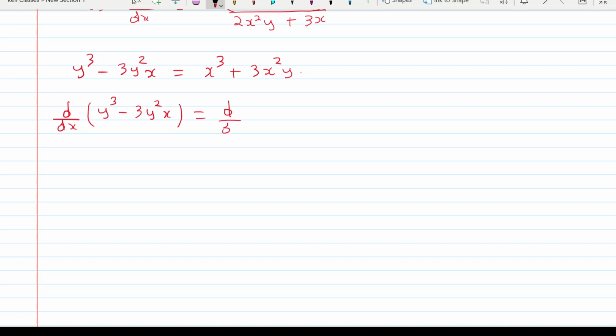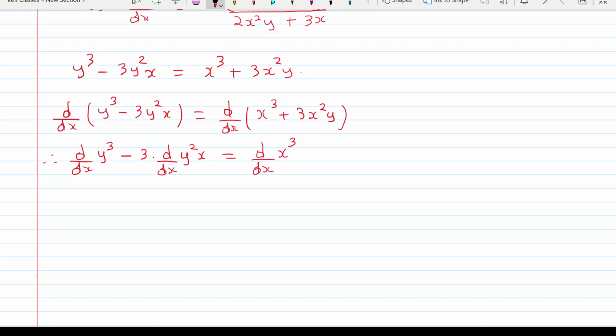Maybe one step you should write before differentiating our equation with respect to x. ठीक है. सॉल्व करने d by dx of y cube minus 3 into d by dx of y square x is equal to d by dx of x cube plus 3 into d by dx of x square y. Okay, इधर तक.